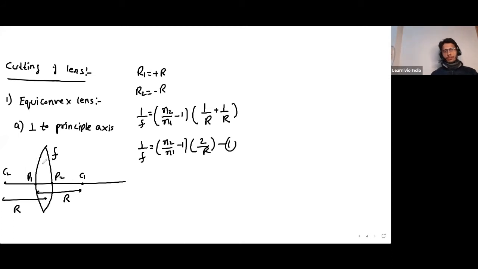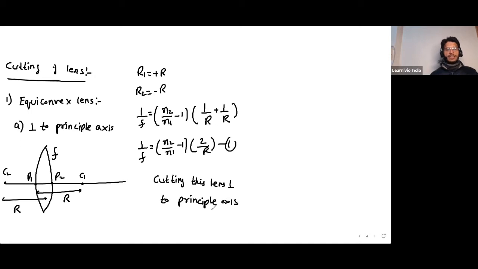So when you have not cut this lens, this is the expression of focal length. Now I'm cutting this lens perpendicular to principal axis.